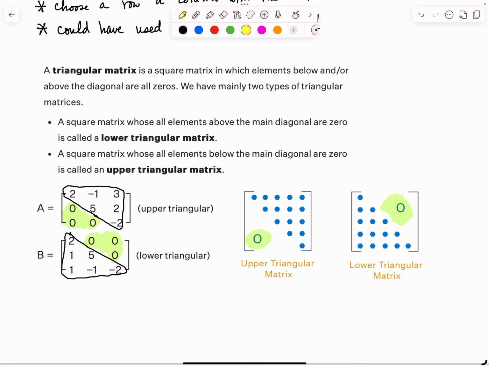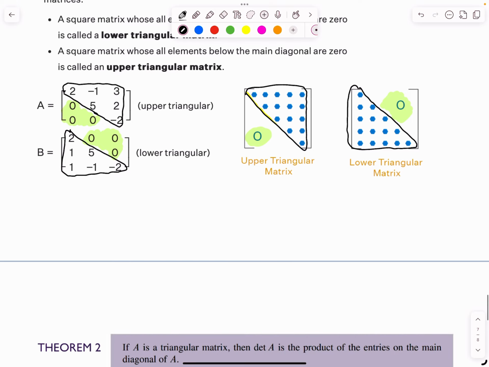Now the other entries that form the triangle, some of those could be zeros. That's okay. But what you have to have is everything on the other side of the diagonal must all be zeros. And when you have a triangular matrix, it turns out that it's really easy to calculate the determinant.